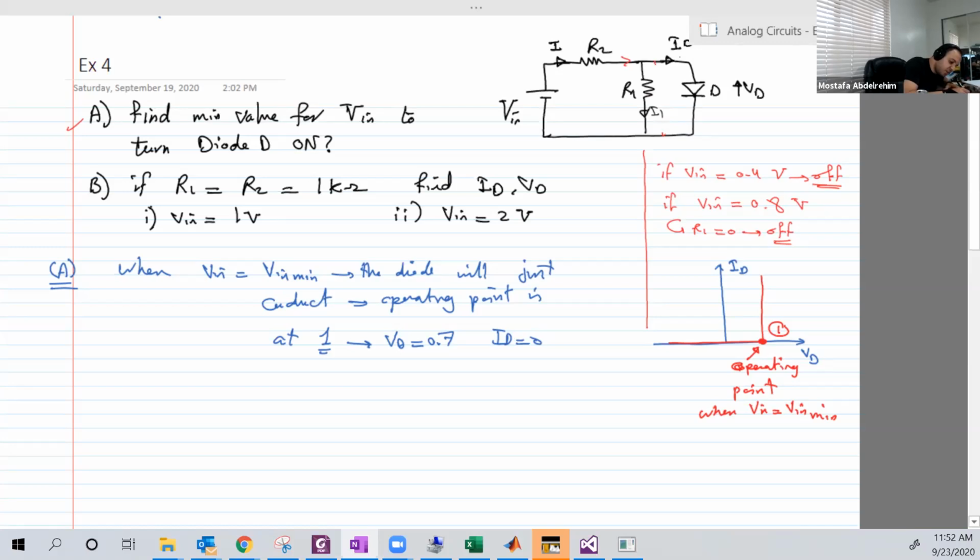So you have here 0 current, ID is equal to 0. So at operating point 1, since ID is equal to 0, I is equal to I1.